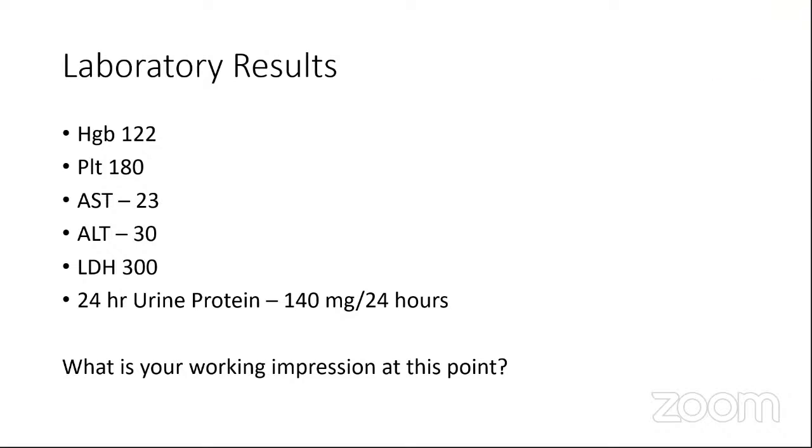Okay. So at this point, what is your working impression? Is it still pregnancy-induced hypertension? Or because the patient is under 20 weeks, you could say that it is chronic hypertension.